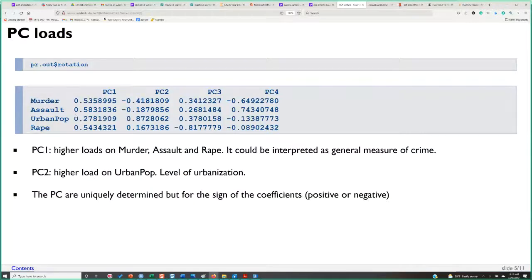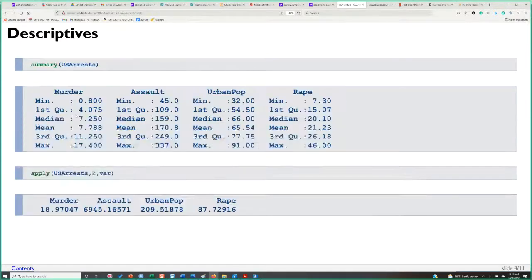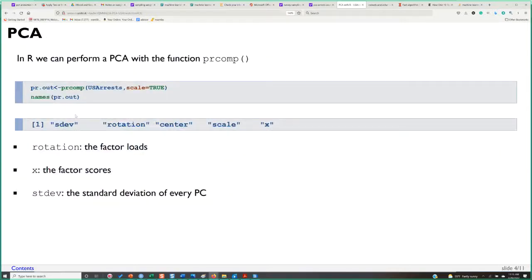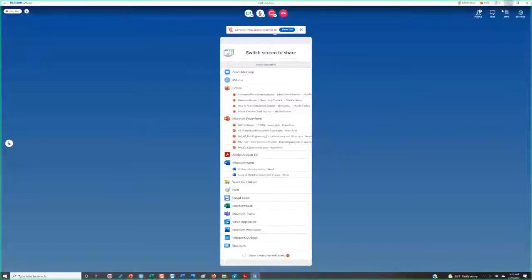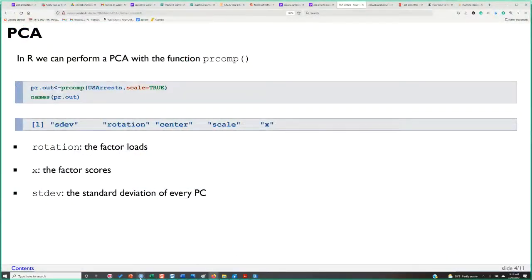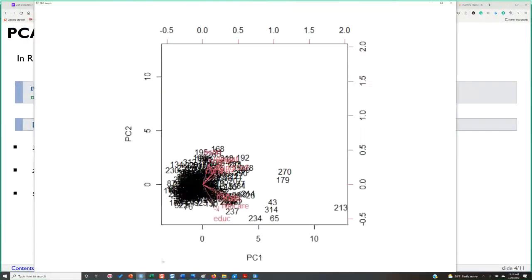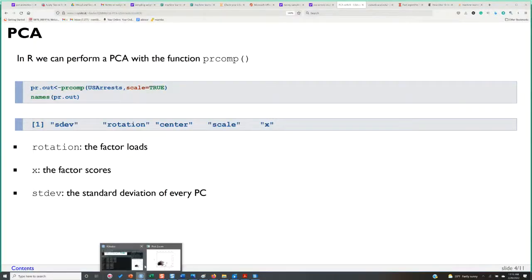The original data, you mean? Let me see that. X refers to the factor scores.